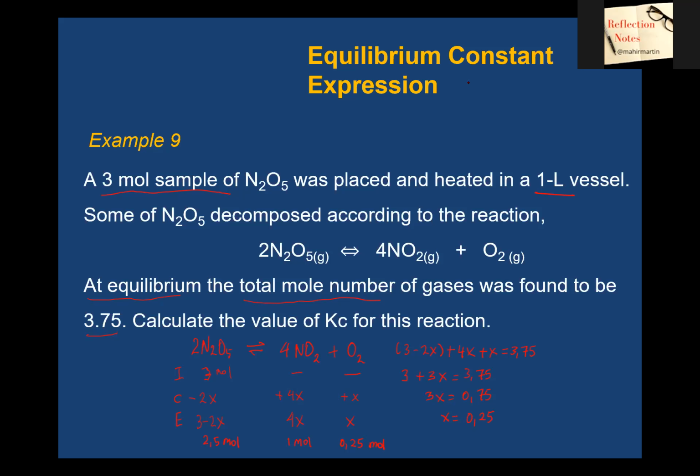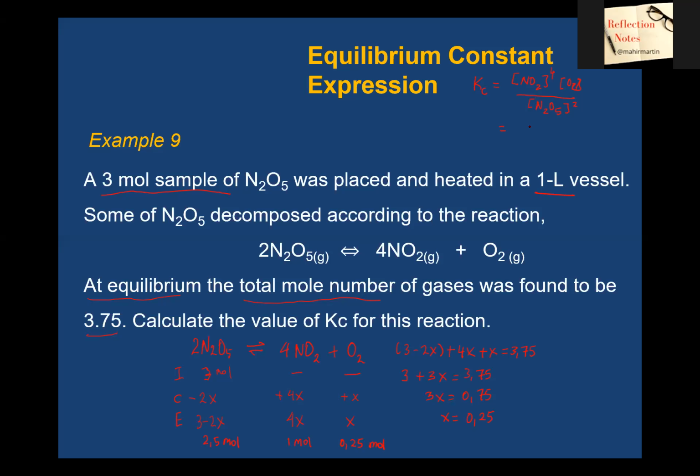So after we find this, it is easy now to find the Kc. Let me solve the Kc here in the upper part. Kc is equal to, let's write the expression, concentration of NO2 to the power of 4 times concentration of O2, divided by concentration of N2O5 to the power of 2. And we will put the value here.